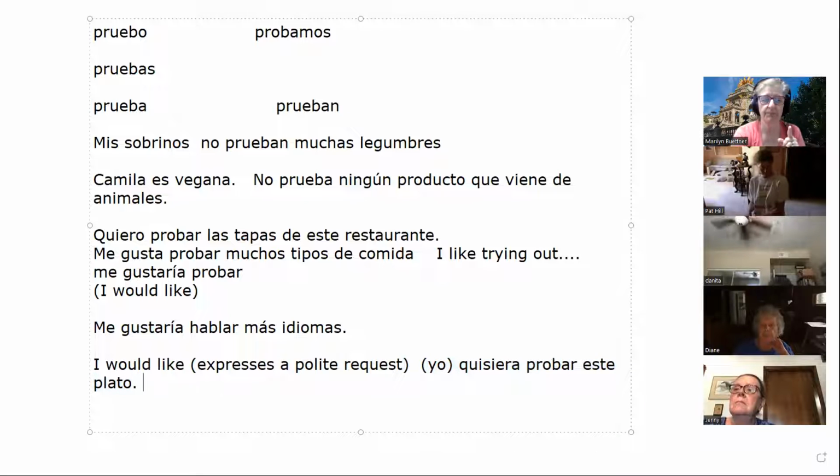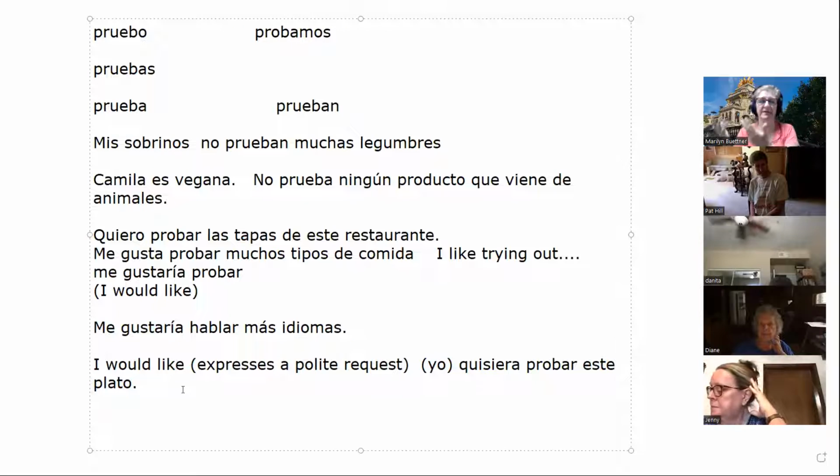So, por ejemplo, let's take the probar, the taste out. You walk into a restaurant and you say, I would like mole.